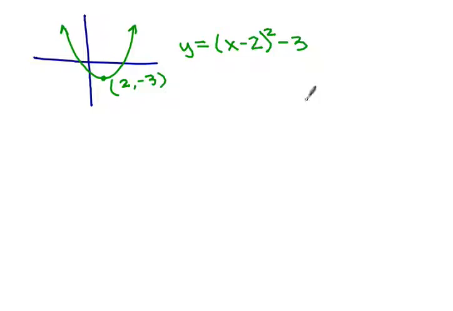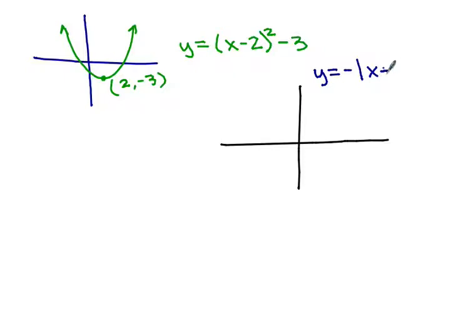The next question I would then ask is, given something like y equals negative absolute value of x plus 2, minus 4. Okay? And you'd be like, oh, well, this is an absolute value. It's going to be upside down. It's going to be shifted left 2 and down 4. So I would take this over 2, down 4.